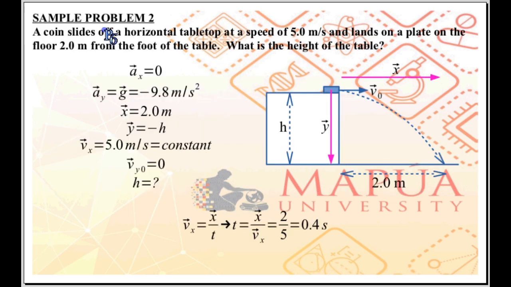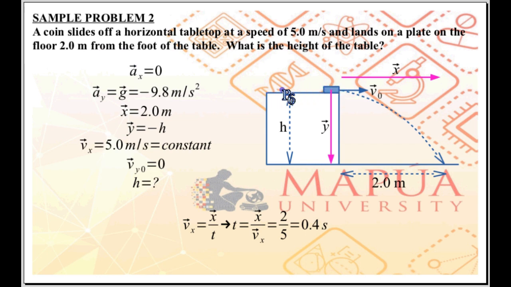And now we have sample problem 2. You have a coin that slides off a horizontal tabletop at a speed of 5 meters per second and lands on a plate on the floor 2 meters from the foot of the table. What is the height of the table? So you have a table, horizontal tabletop.